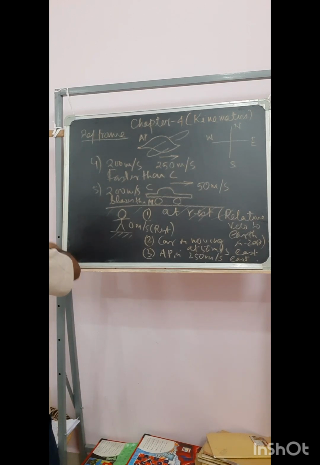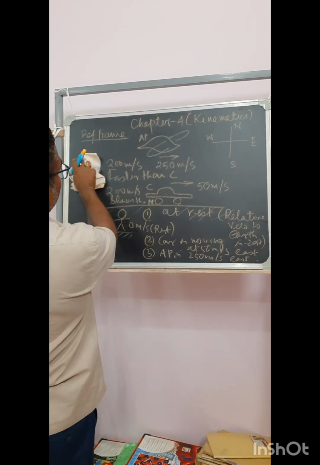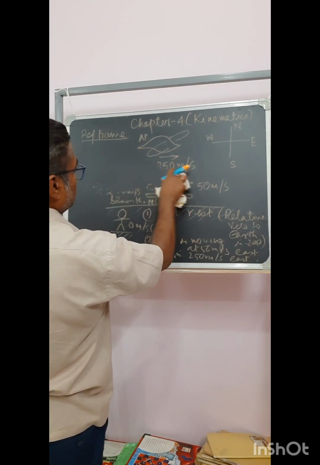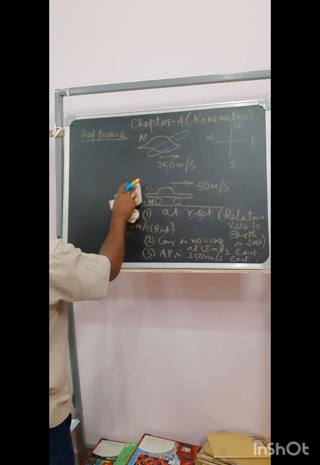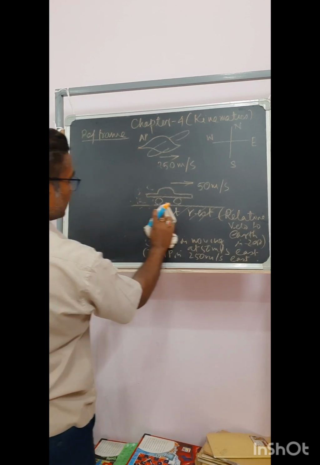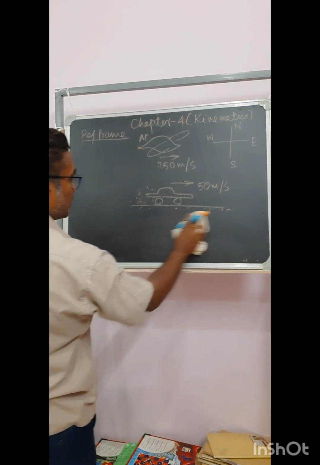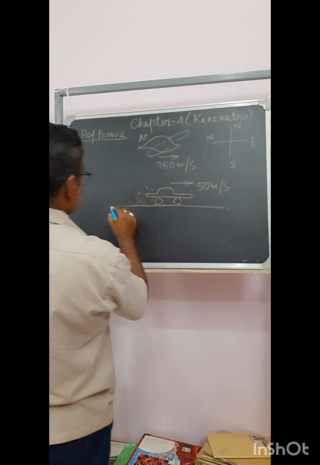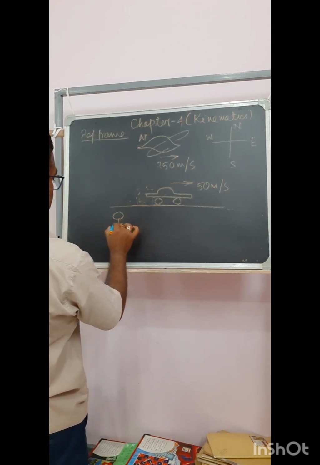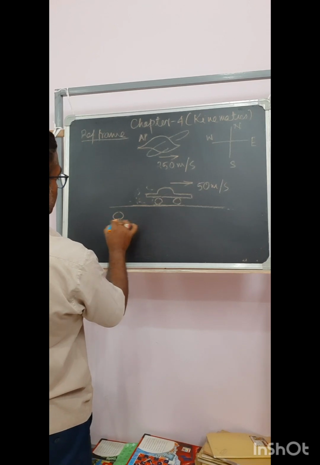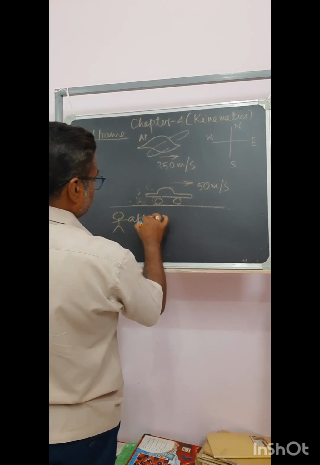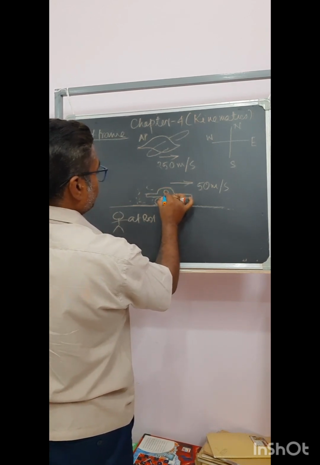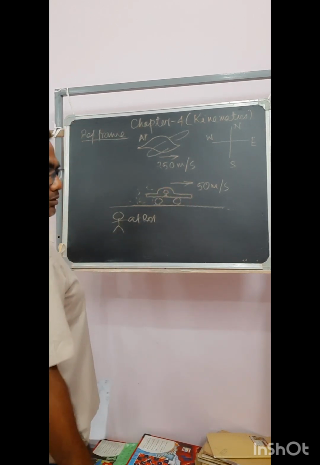Now if we change the reference frame from the person who is standing on the ground to somewhere else. Now I am changing the reference frame. This is again the person standing there on the ground at rest. Now the observer I am shifting to the car.